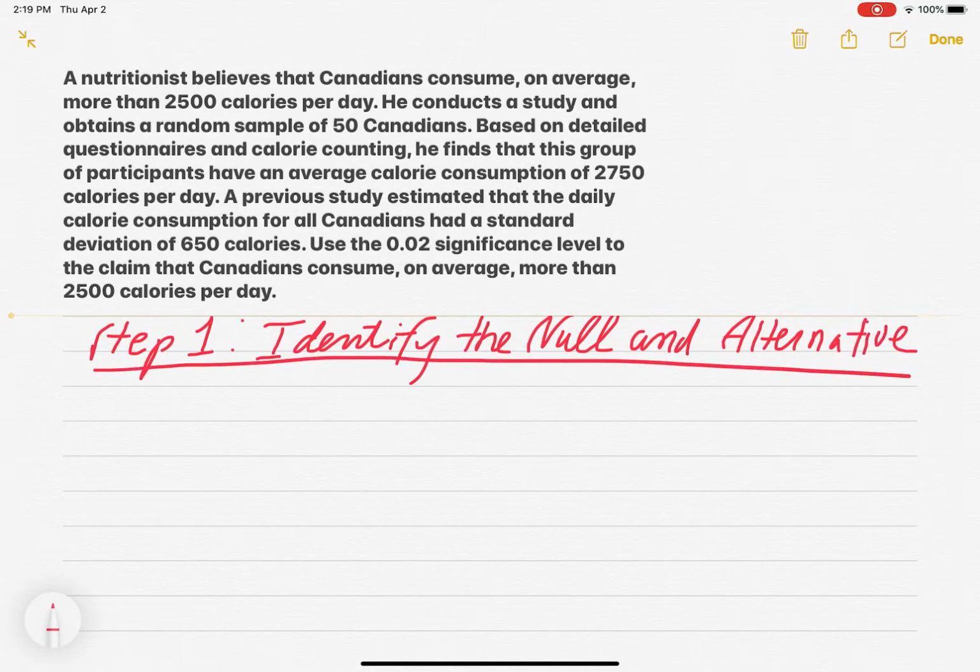That's the first step. So H0 and H1. We're going to put colons after them. We're going to be dealing with claims about the average, the population mean.